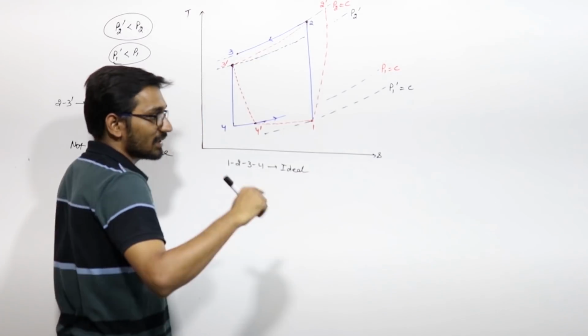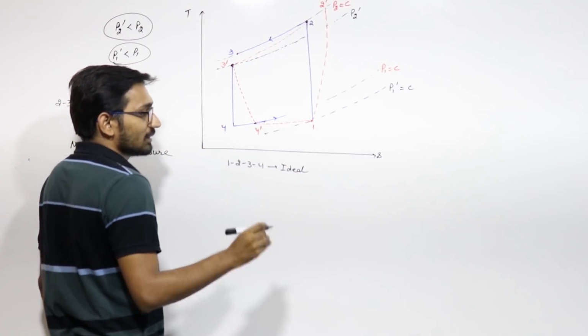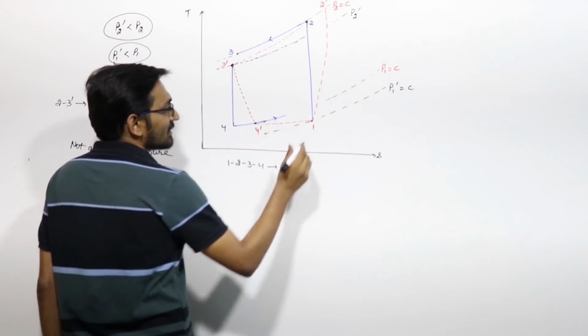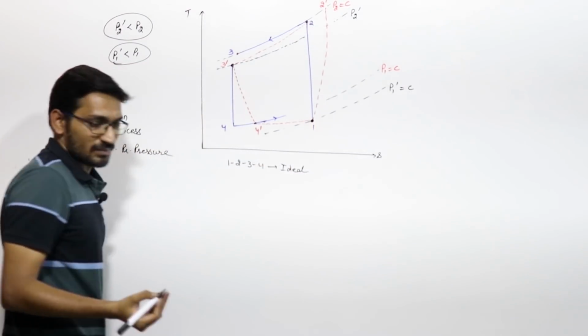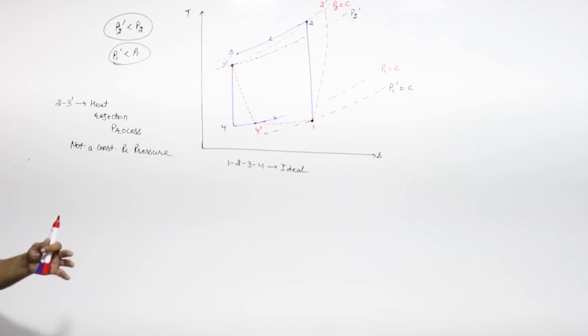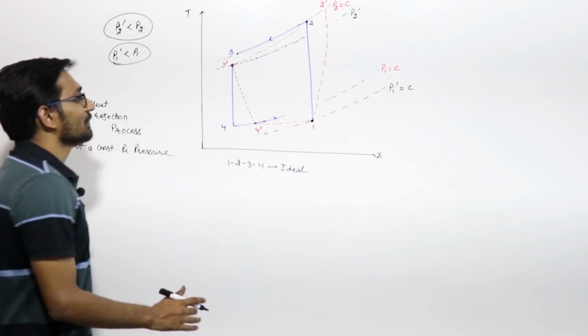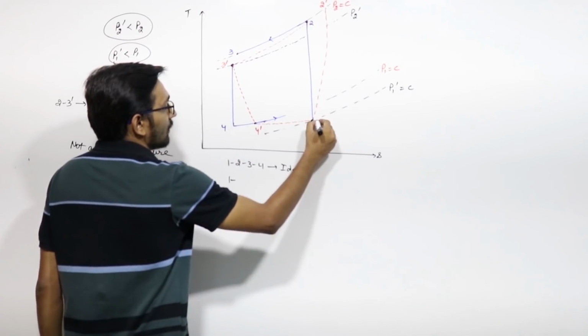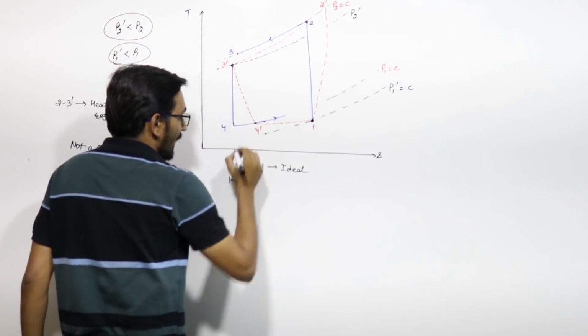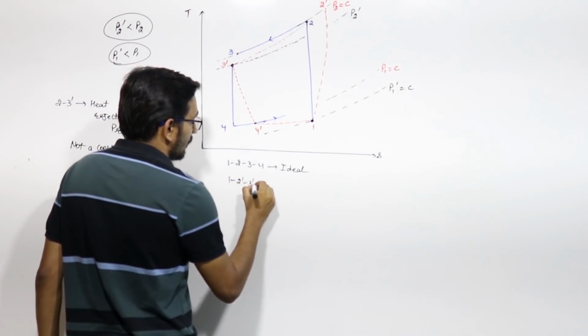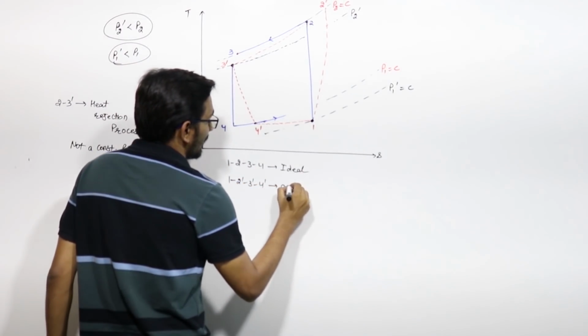If all the losses are covered, the important point is that I am considering the initial point of both of the cycles to be the same. It will be given in the question. I am assuming that initial points are the same. So 1, 2 dash, 3 dash, 4 dash are the actual cycle.